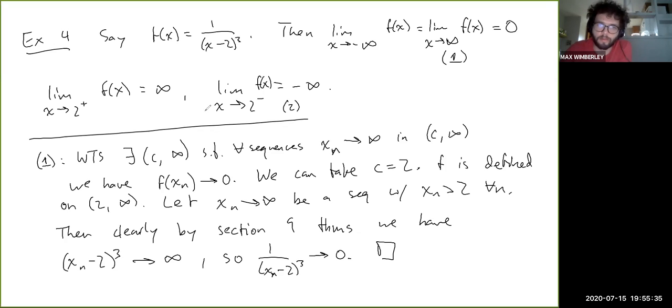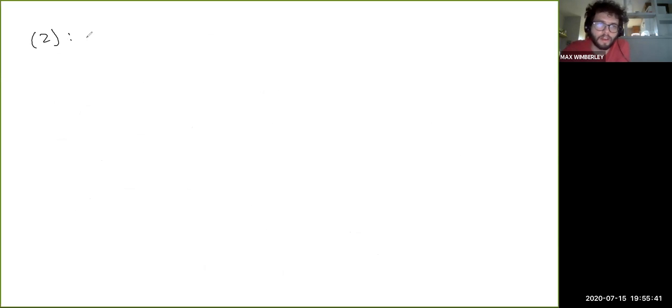Let's finish this off. For the second one, we were trying to show that as x approaches 2 from below, f of x approaches negative infinity. We just have to show that for some interval less than 2, but with 2 as an endpoint, really we can use negative infinity to 2.